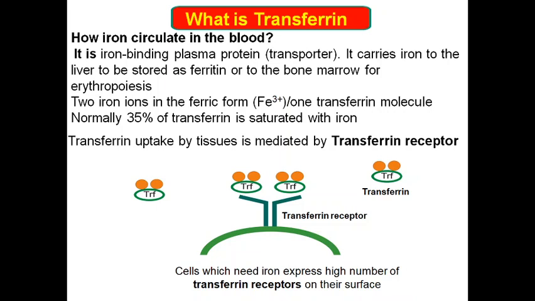Each transferrin molecule carries 2 iron molecules in the ferric form. Transferrin then circulates in the blood, where with the help of transferrin receptors it will bind to the cells that carry such receptors and be internalized into the various cells where iron can be utilized.